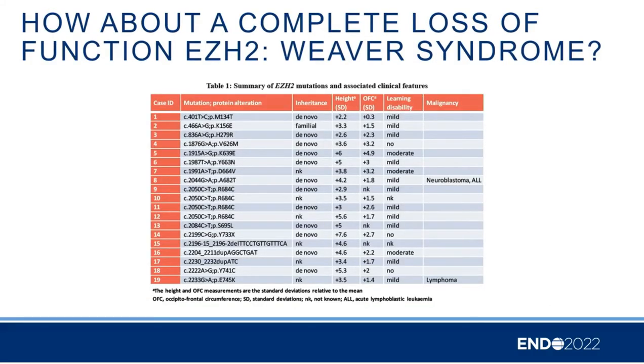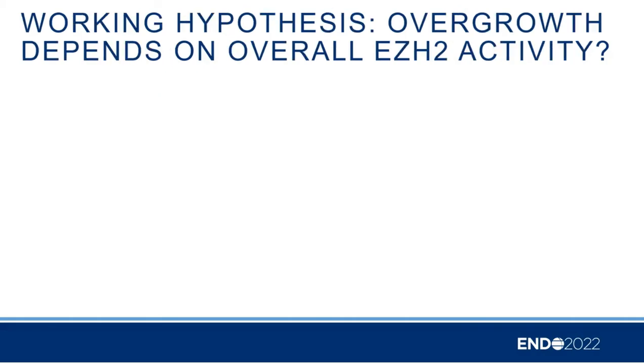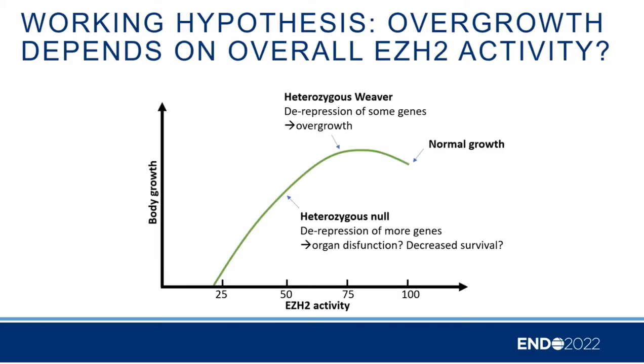Now, if it's really a partial but not complete loss of function, then we have to ask the question, why is that? How about a complete loss of EZH2? Why doesn't that more commonly cause Weaver syndrome? Our working hypothesis to that question is that maybe overgrowth depends on the overall EZH2 activity. So for example, in a normal person, you could have 100% EZH2 activity, and that gives you normal growth.